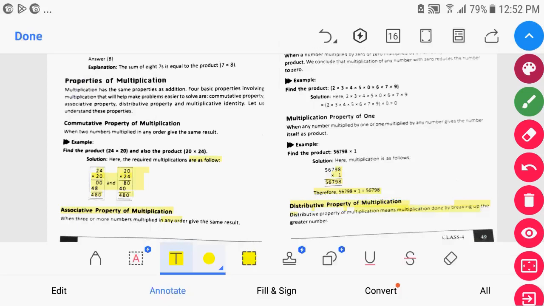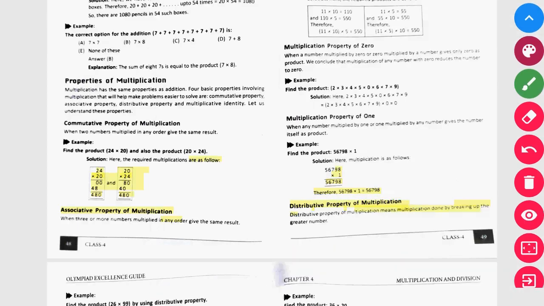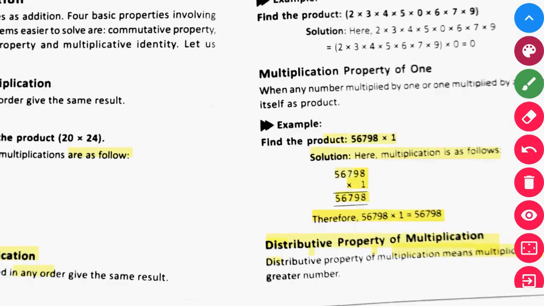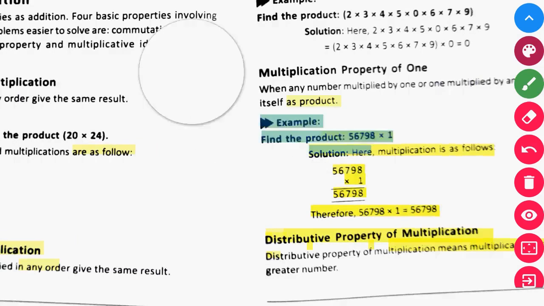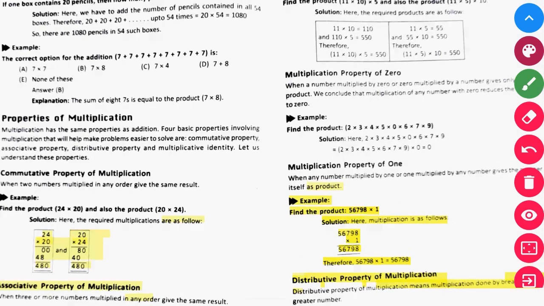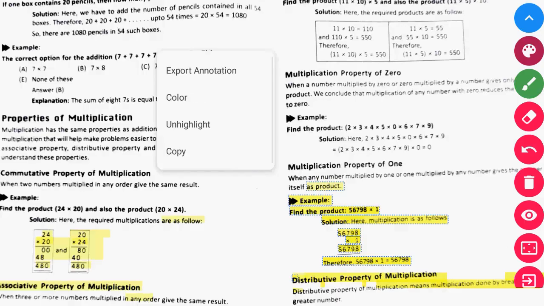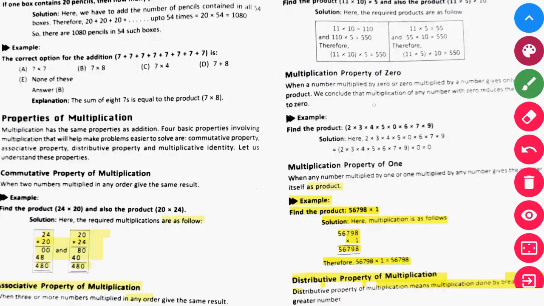Now the multiplication property of 0. What is the property of multiplication by 0?